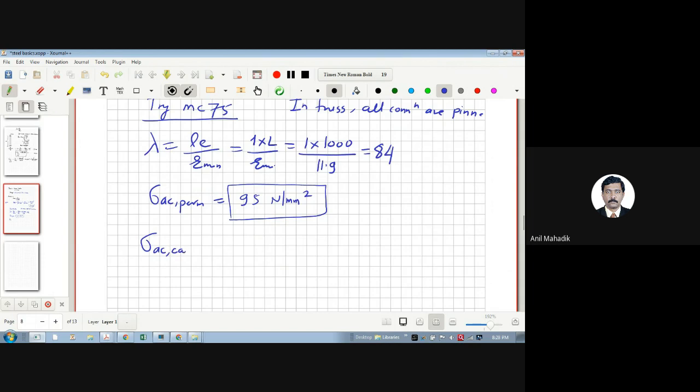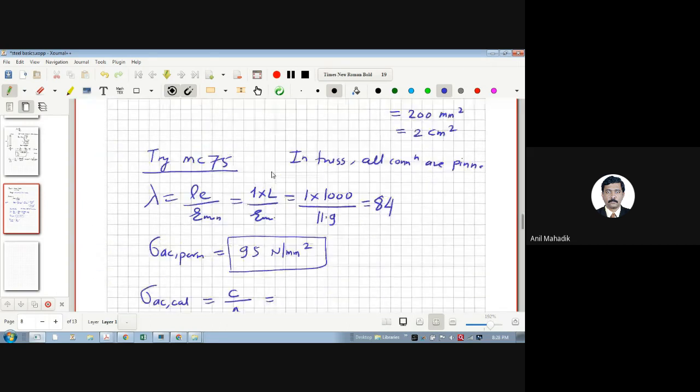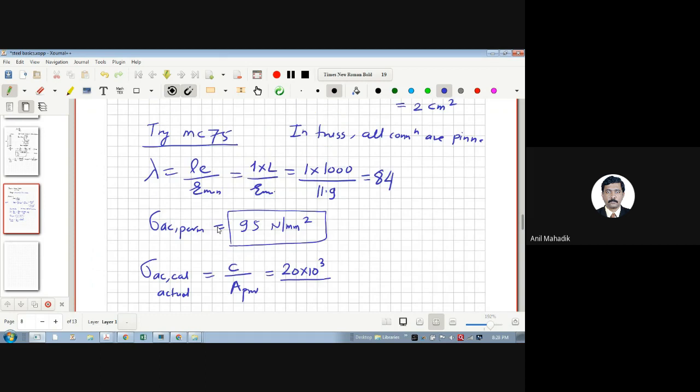Actual stress. So compression divided by area provided. How much is the compression here? We have compression as 20 kilonewton. So 20 kilonewton in Newton is 20 into 10 raised to 3, divided by area provided. So where do we get area provided? Area of this कितना है?